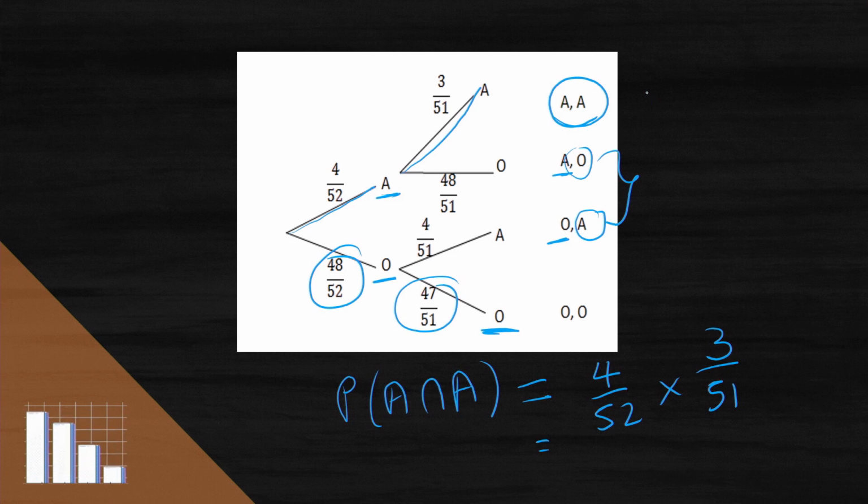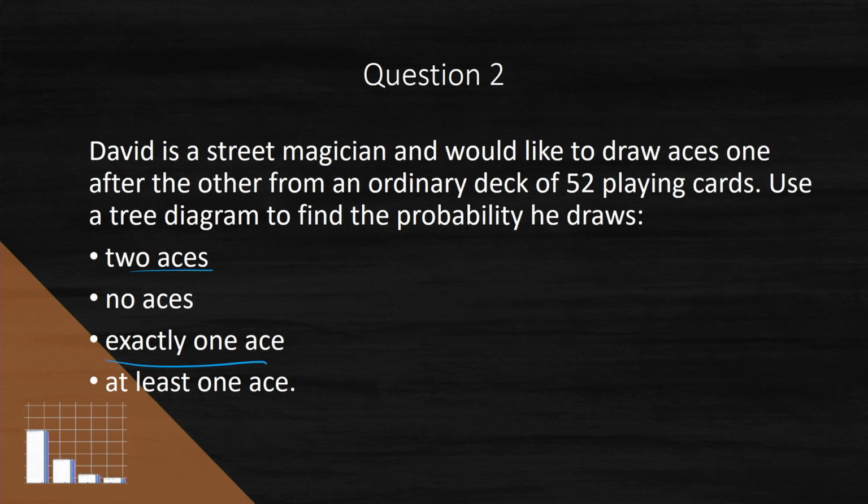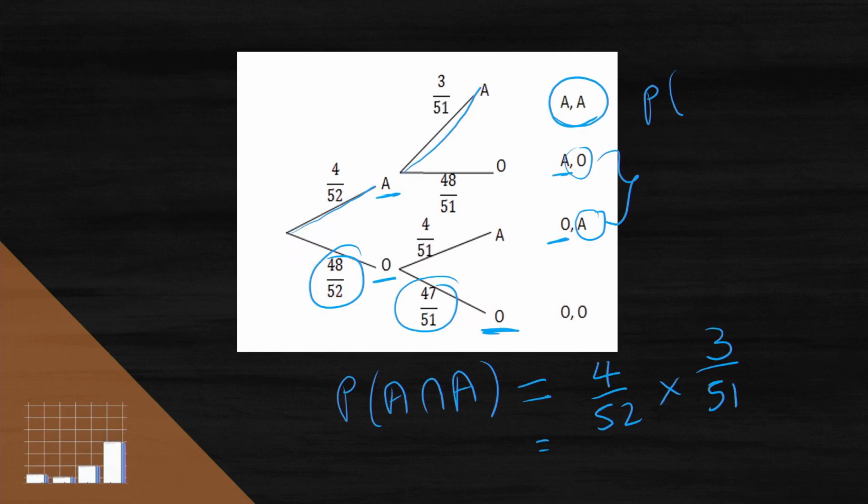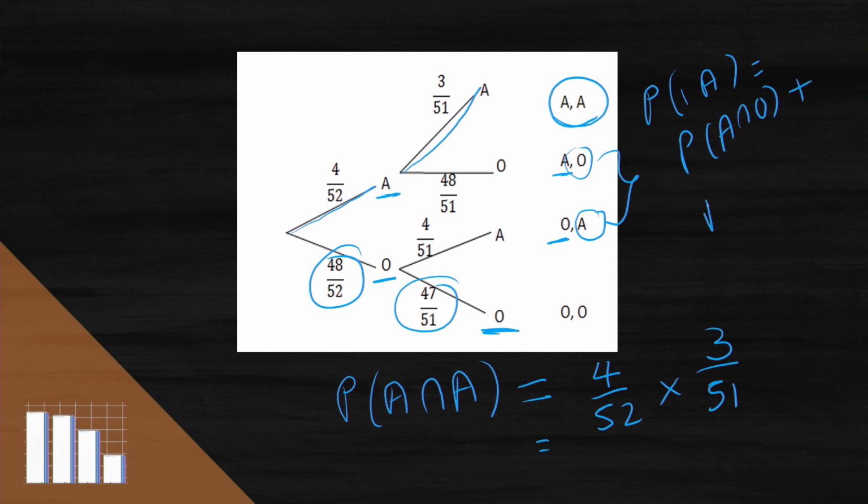Here we're finding the probability of, the question said, exactly one ace. So the probability of one ace is going to be the probability of an ace and any other card plus the probability of any other card and an ace.